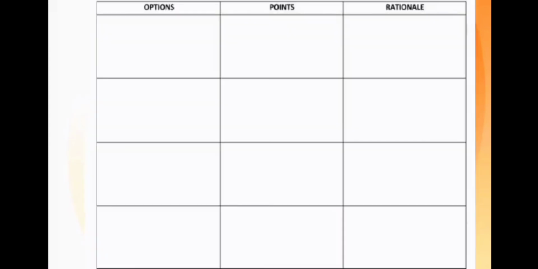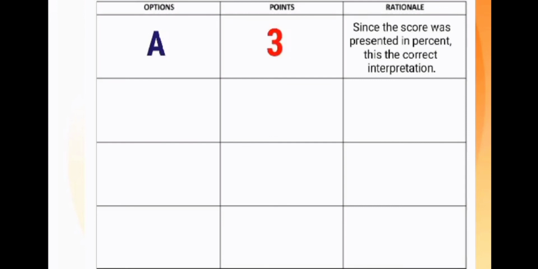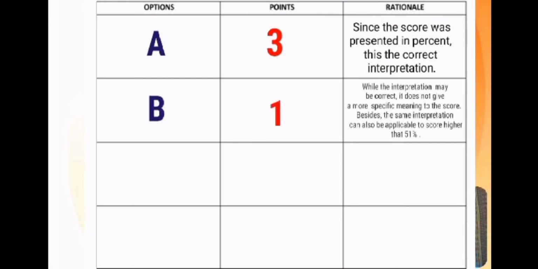Okay, try to look at the table. In the table we have the option, points, and rationale. In option A, we have 3 points, and the rationale is, since the score was presented in percent, this is the correct interpretation. In option B, we have 1 point. While the interpretation may be correct, it does not give a more specific meaning to the score.